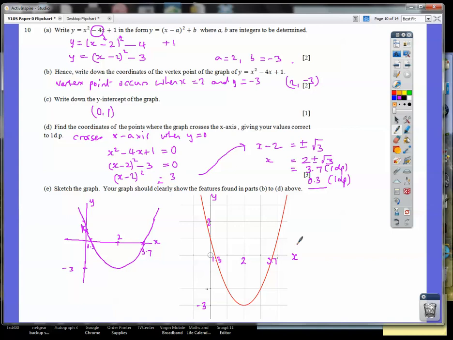I used a graph plotter for this because it's quite difficult to get a neat result. This graph shows the key features that we want: where the graph crosses the y-axis, so it needs to have a 1 there, it goes through 0.3 and 3.7 to one decimal place, and the minimum point is at 2, minus 3.